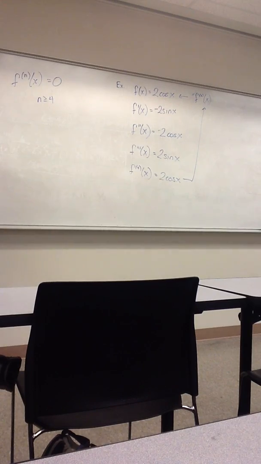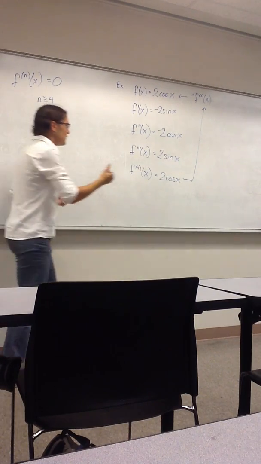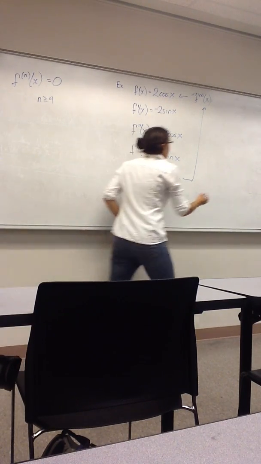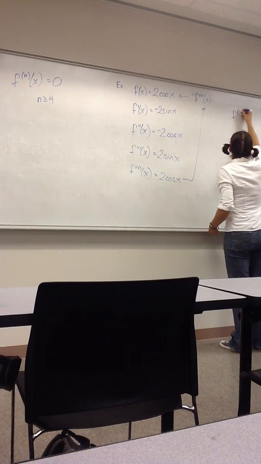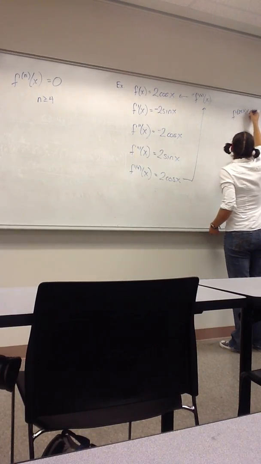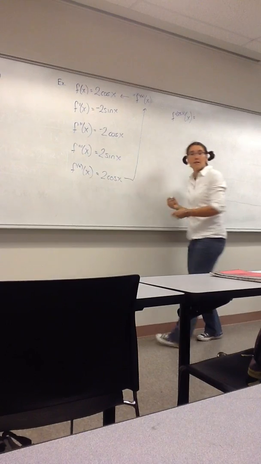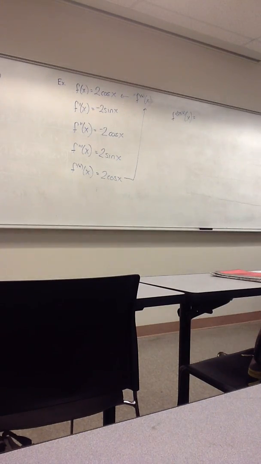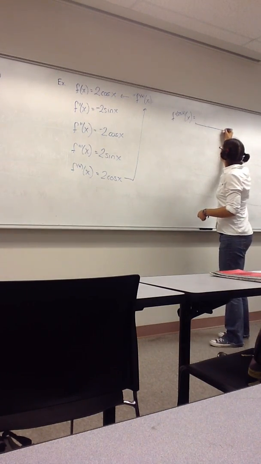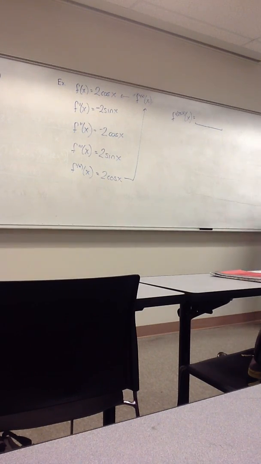And so that means that's going to continue going around in a circle, and so you can keep doing this, and you could calculate the 257th derivative of our function, if you wanted to. So I'll let you think about that one. All right, so think about that one, and maybe we can come back to it.